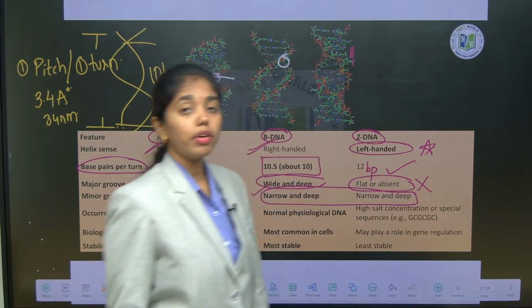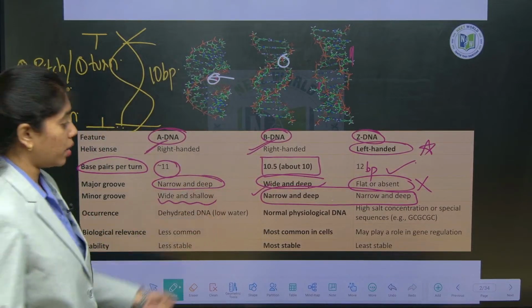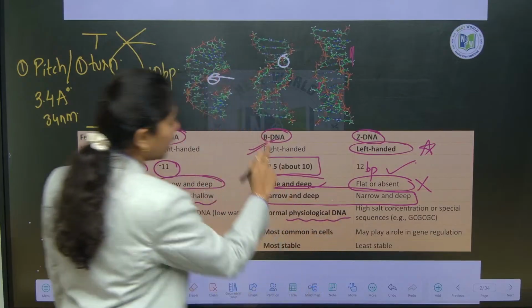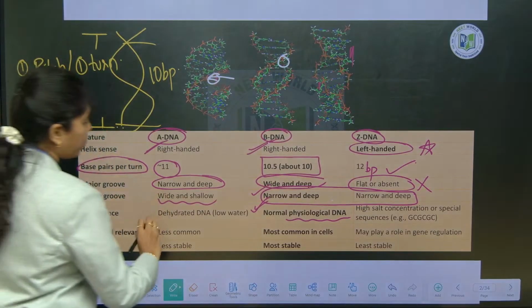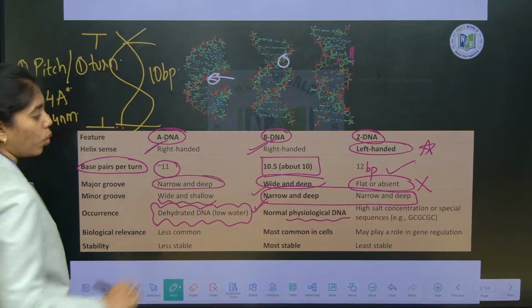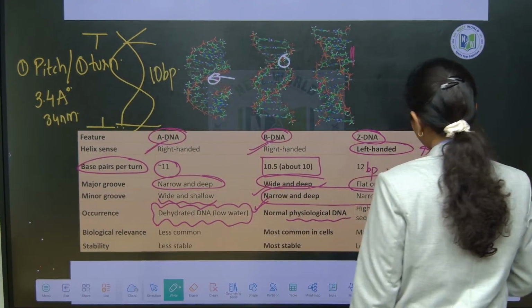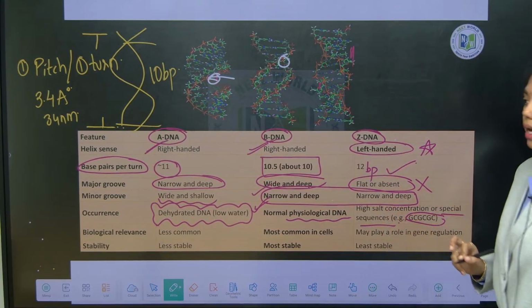Now, if you observe the occurrence, B type DNA will occur mostly in normal physiological conditions. Normal physiological DNA is what? B type DNA only. A type DNA is observed in dehydrated DNA or in low water conditions. In high salt concentrations, with special sequences present, these are observed in Z type DNA.